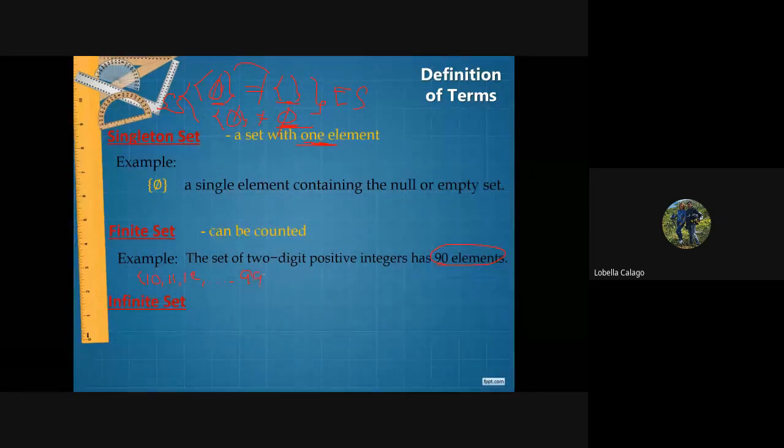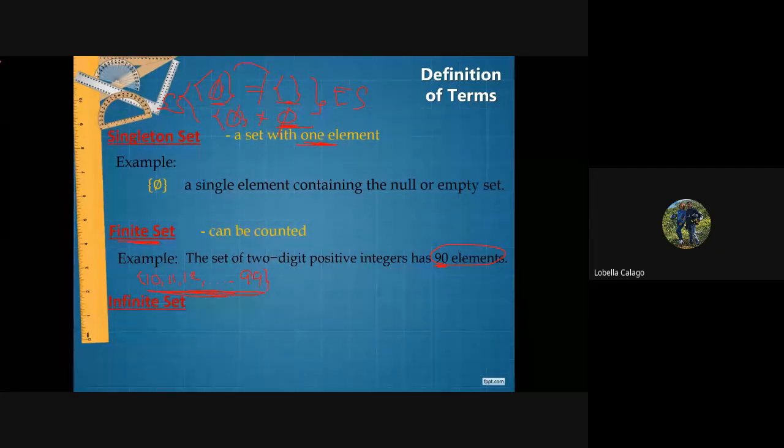Kasi ang 100, 3-digit na yan. Ang less than 10 naman is 1 digit po yon. So, ito lang po yung mga elements na yan. So, these are finite sets. Bakit finite? Kasi nga, pwede siya i-count, which is 90 elements daw ang meron sa set na ito.